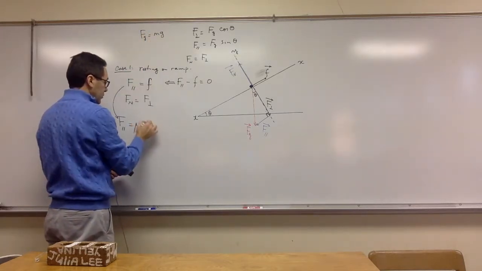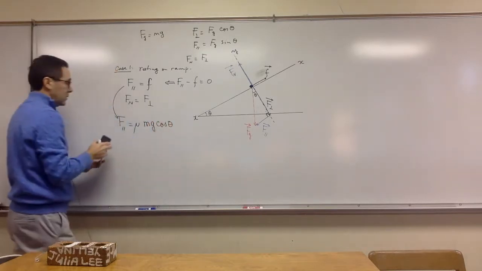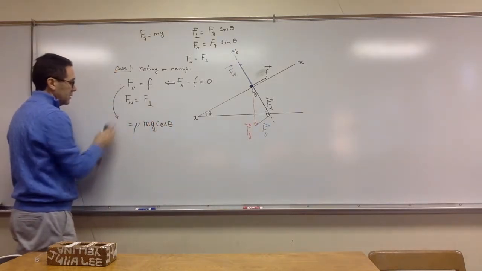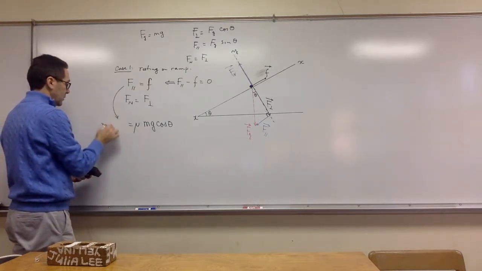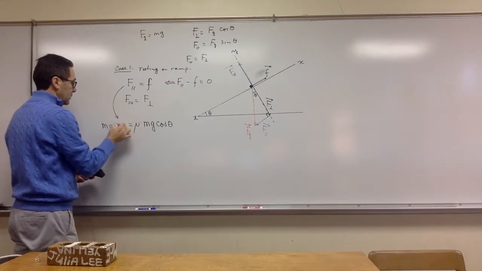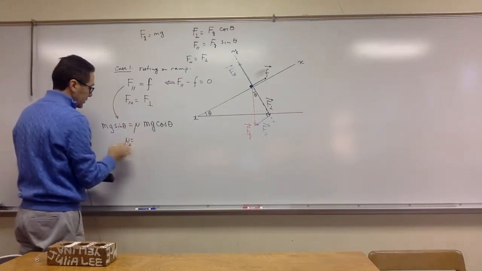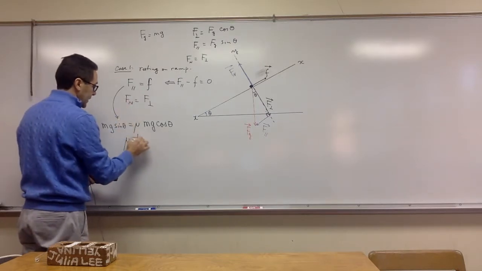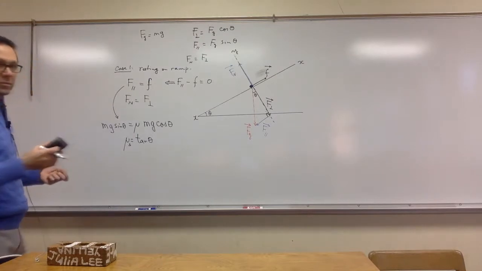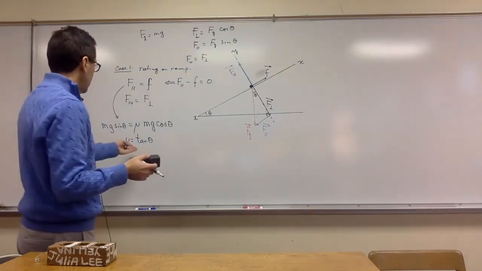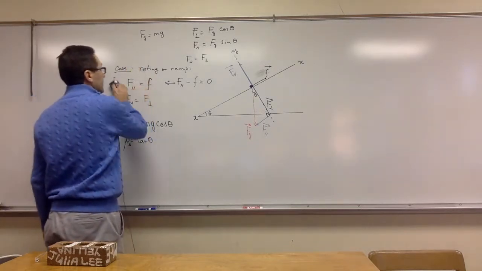So a lot of substitutions here. And here, I can say that the parallel component is mg sine theta. So if you simplify this, you should get mu, this is static friction, equals tangent of theta. So if you want to find the coefficient of static friction, you just take the tangent of that angle. Now let's look at case 2.